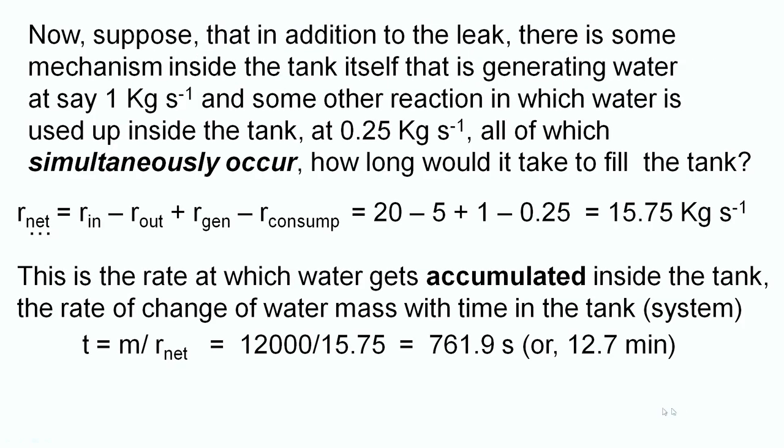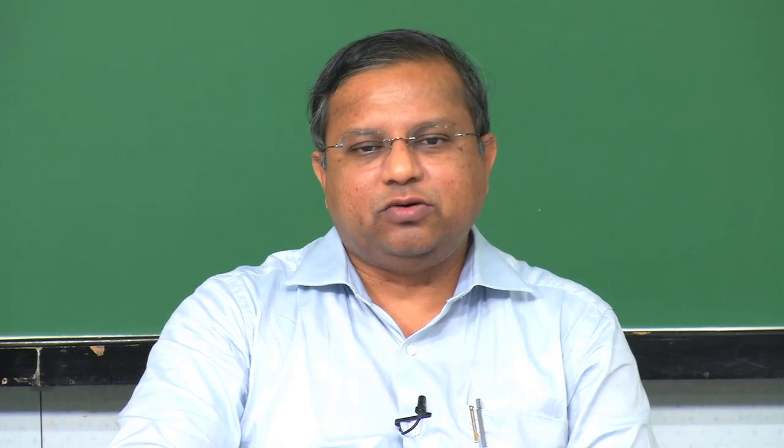Now, I gave you this background to our equation, rate of input minus rate of output plus rate of generation minus rate of consumption equals the rate of accumulation, and the rate of accumulation we write as a derivative, so that the form is easy to directly use.